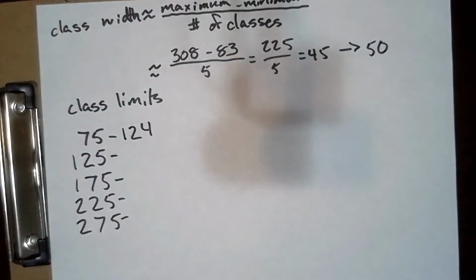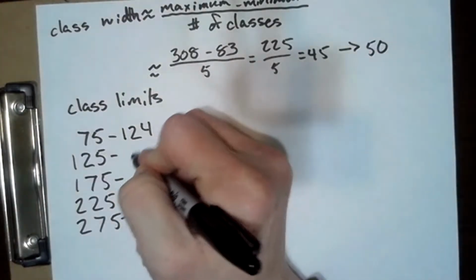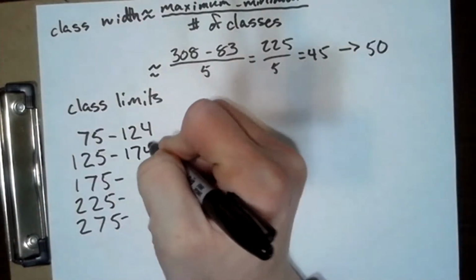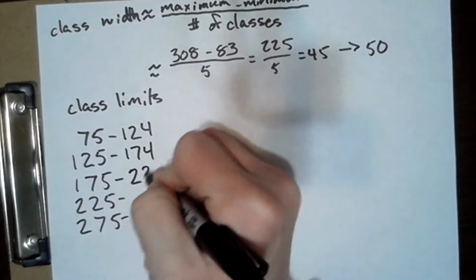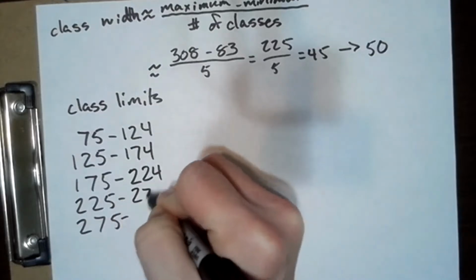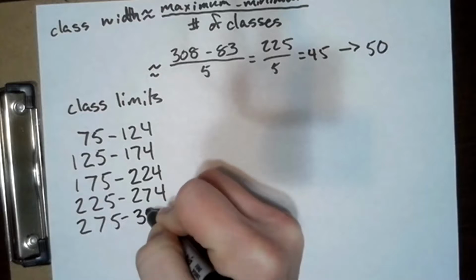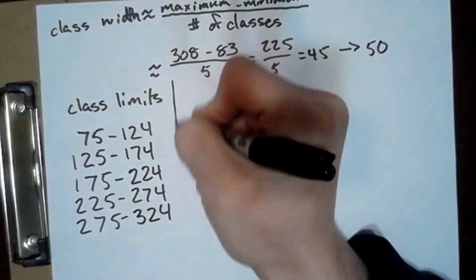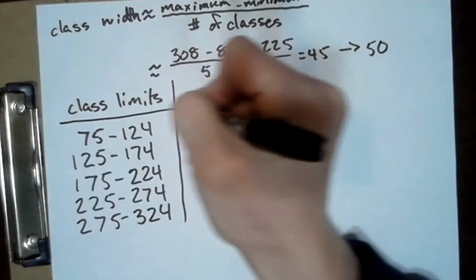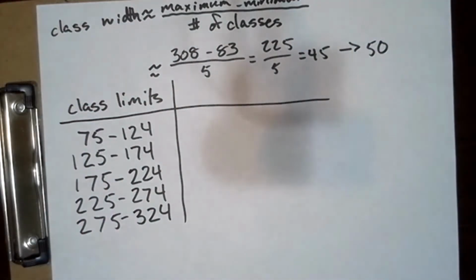So that's going to be my upper class limit, and I would just add 50 to each of my upper class limits. 174, 224, 274, 324. There we go. We've got our class limits now.